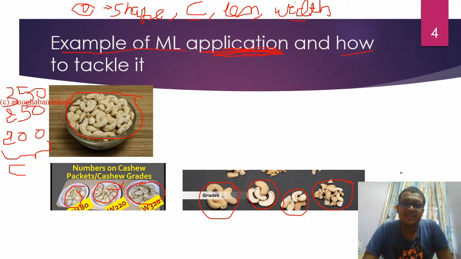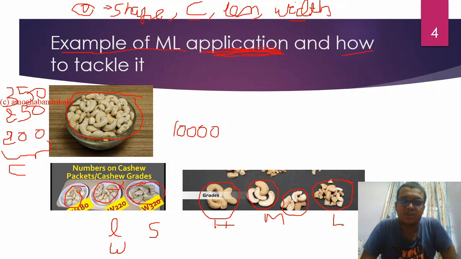Now we humans have been seeing what the differences are. To make the machine understand, give the length, width, color, shape of all these varieties in many numbers. It can be like 1000 or 10,000. For each case I am speaking of low grade, medium grade and high grade. So this can be high grade cashew nuts, this can be medium grade, and this can be low grade.